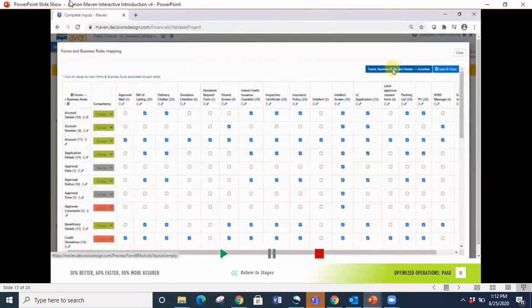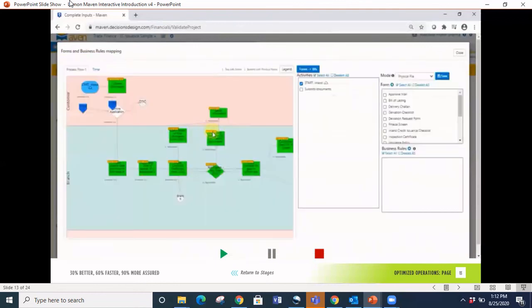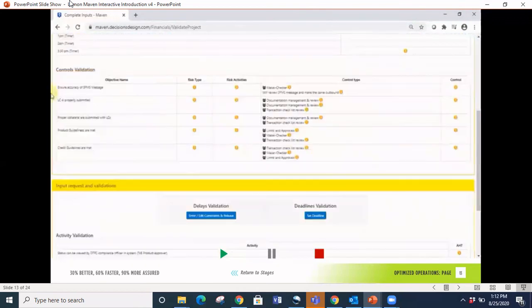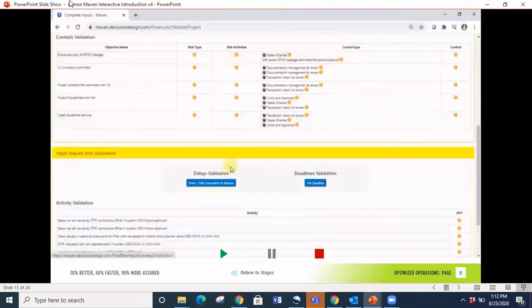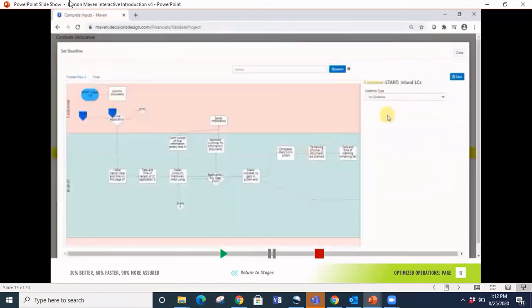It will take the forms and business rules data from the Excel template and ask the user to tag those to respective process activities. Next it asks the user to complete control inputs by selecting key operational risks and the risk activities associated with the control objectives, and type of controls. If the process has any deadlines or process delays, those can be mapped here as well.